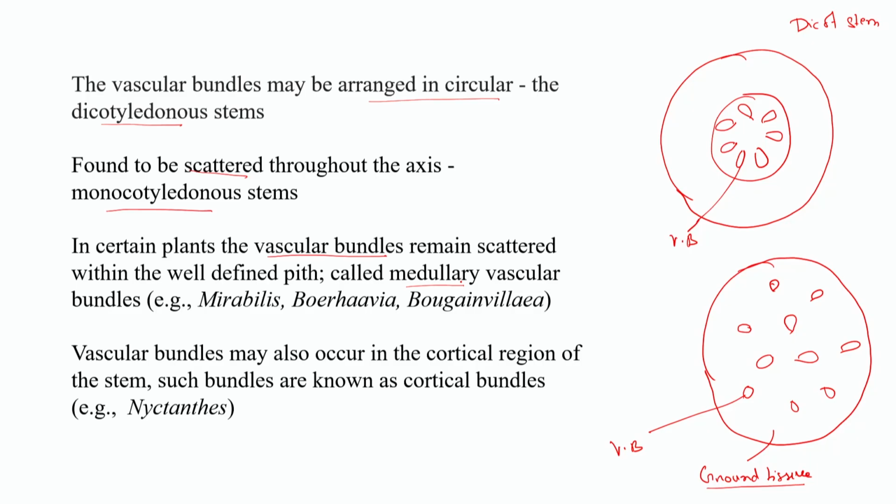It could be found in the cortical region, in which case it will be called a cortical bundle, or in the medullary region, the pith region, in which case they will be known as medullary bundles. An example of cortical bundles is Nyctanthes. In medullary bundles, like in Boerhavia, Bougainvillea, and Mirabilis, you will find extra bundles in the pith region or in the cortical region.